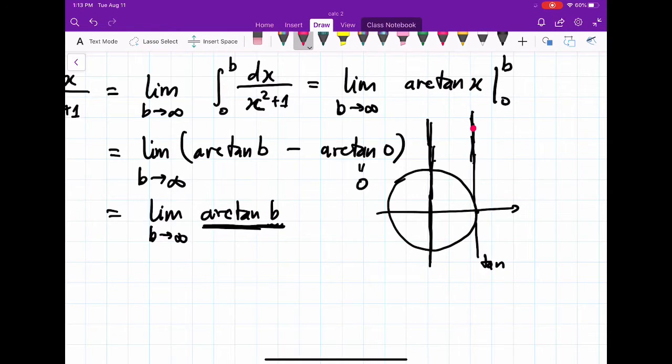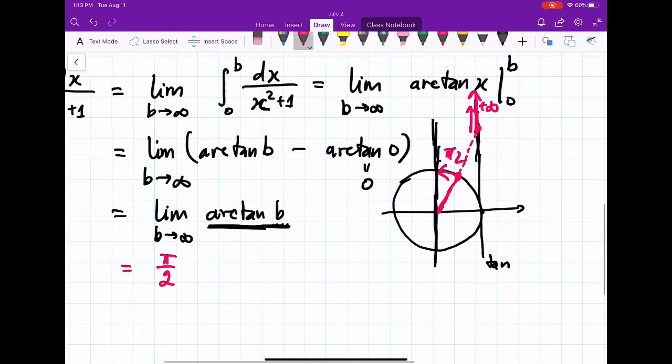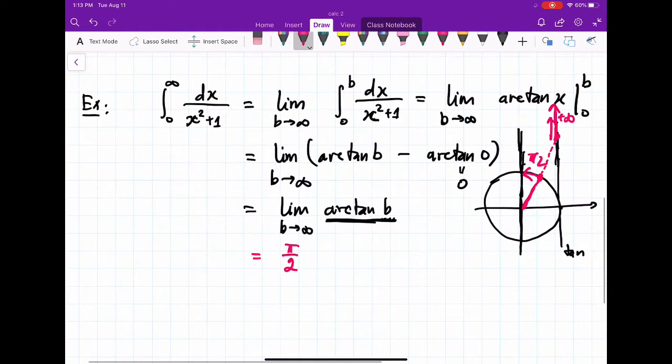In order to find the angle, you need to connect that point with the origin, and here is your angle. But this guy just approaches positive infinity. So that means when this guy approaches positive infinity, this angle approaches pi over 2. So this is just pi over 2, and of course, the integral converges. That's how we can use the definition.